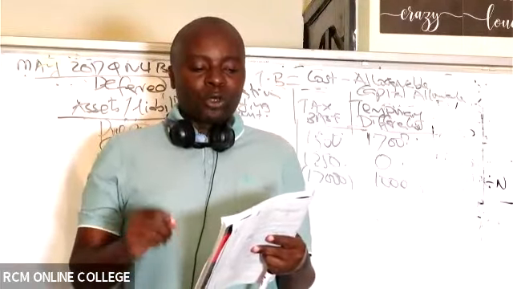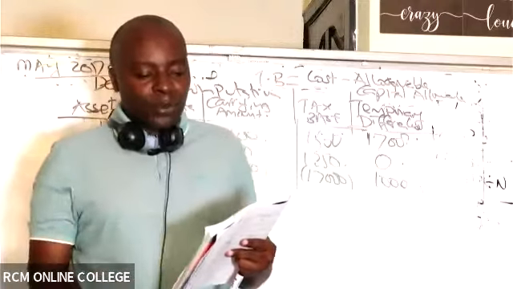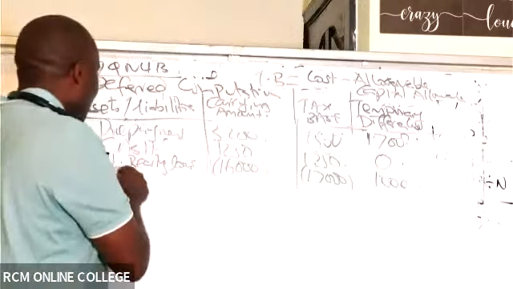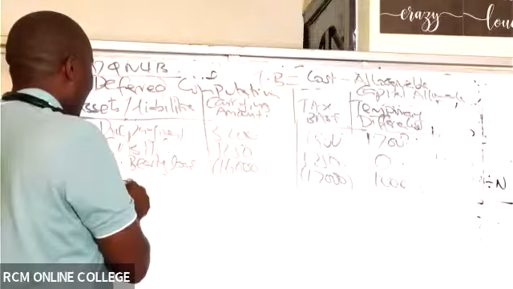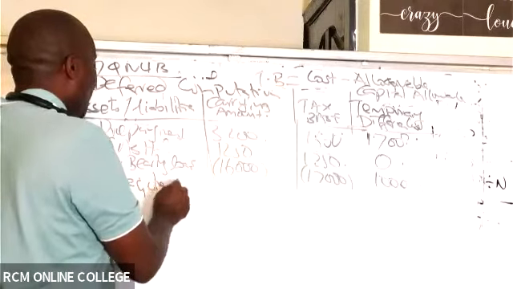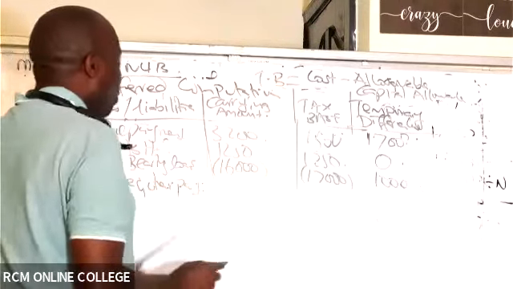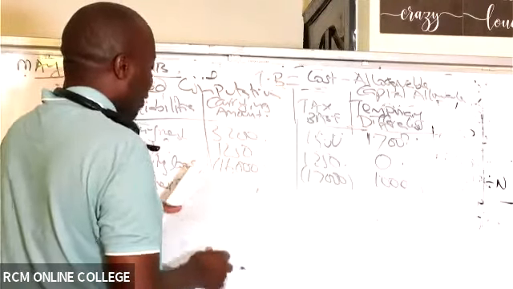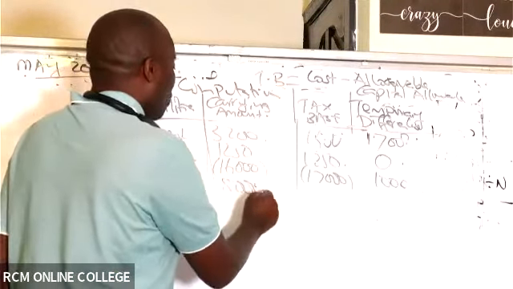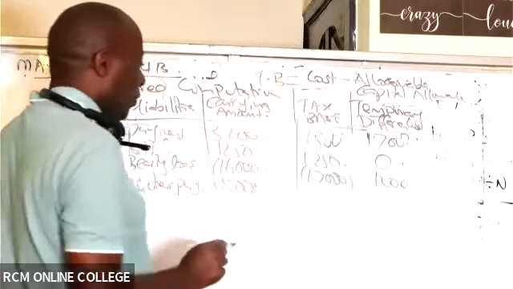After that, we go to trade and other payables. So trade and other payables, we have a book value. It's 8,000. The book value, remember I have to put this in brackets, is 8,000.